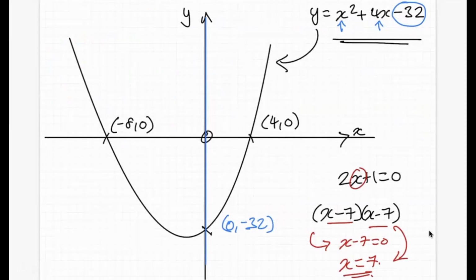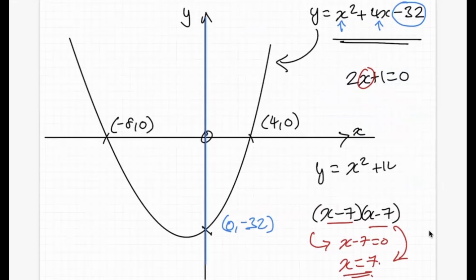It was something like y equals x squared minus 14x plus 49. Yeah. So when I said solve this quadratic, I meant do this.